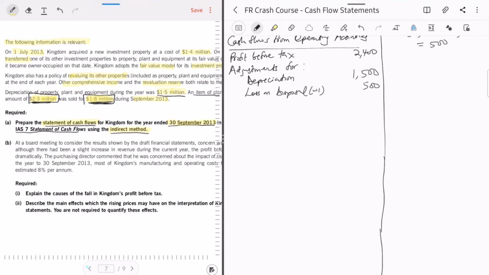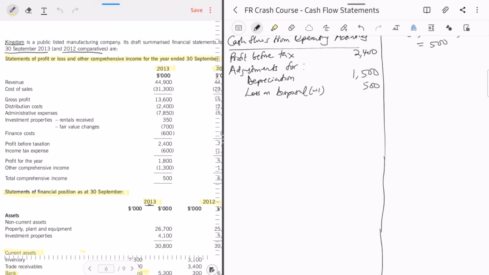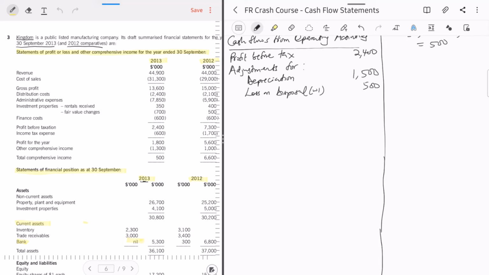Let's go back to the income statement. Let me show you something. Between profit before tax and your operating profit for the year, any figures between those two points must also be adjusted for. What do I mean? So this is your profit before tax, right? And if you look up on the statement, you have gross profit, you less distribution cost, you get admin expenses, you less that one as well.